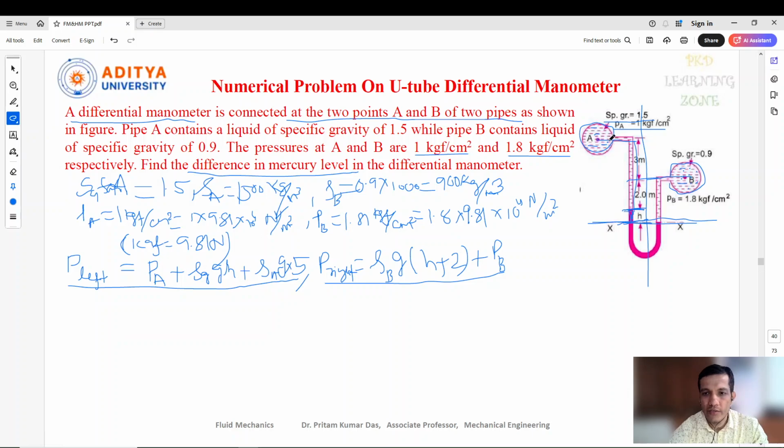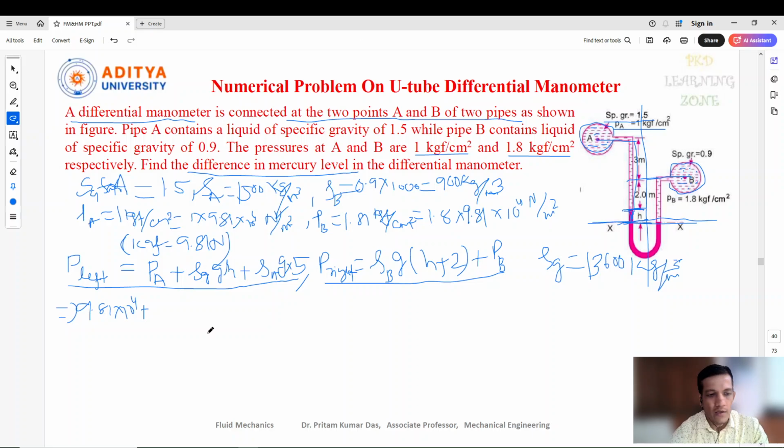Now we need to equalize these two equations, the pressure at the A side and at the B side. So PA equals 1 kgf, that means 9.81 into 10 to the power 4, plus rho g, where rho is the density of mercury, 13,600 kg per meter cube.